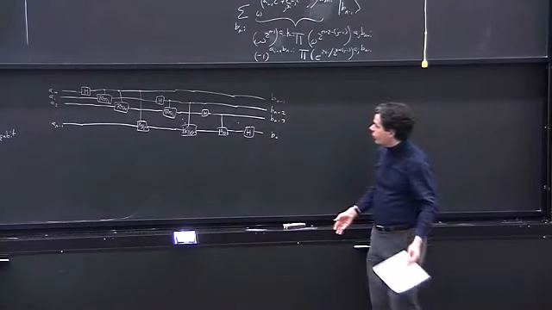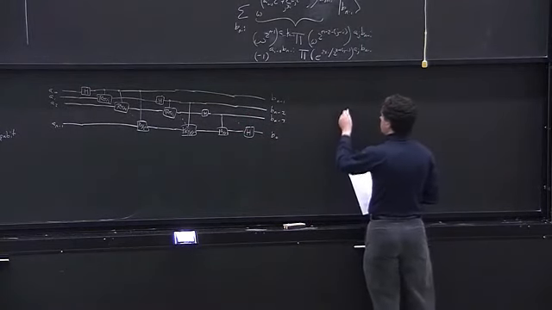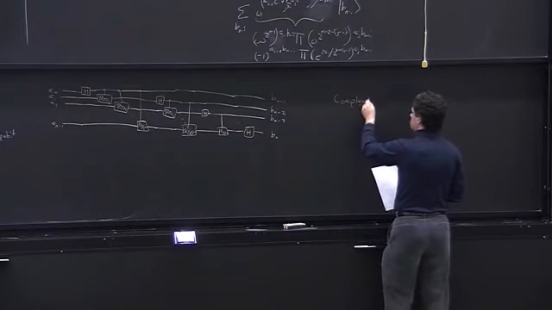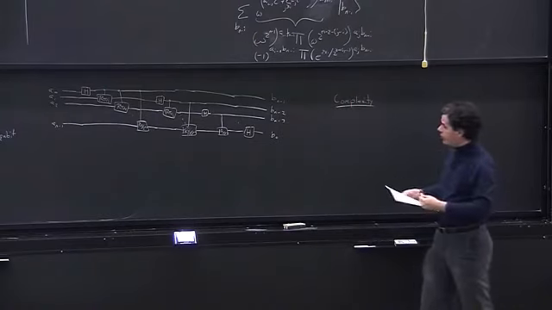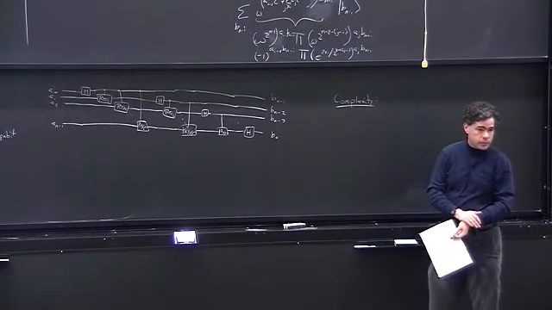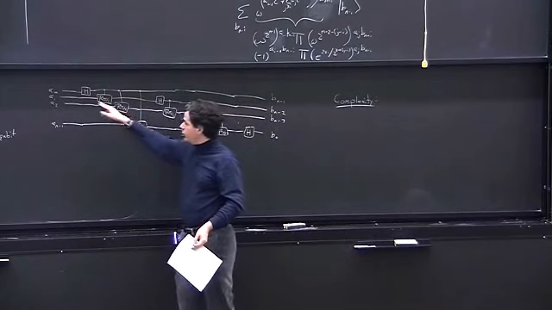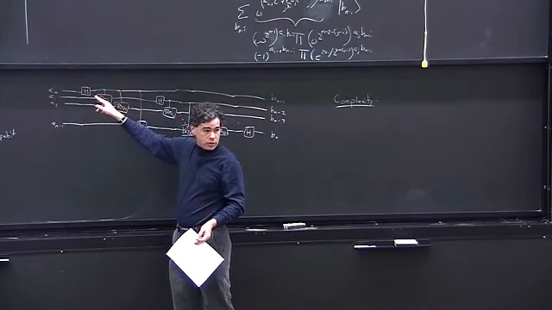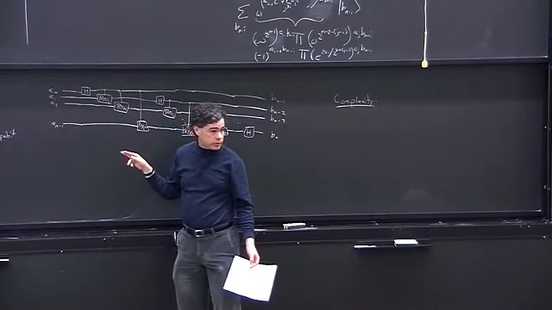So the last thing that we want to do then is count the complexity of this Fourier transform step. And that's easy to do. So for each qubit, we have a Hadamard, and then we have 2 qubit gates between that one and all the later ones.